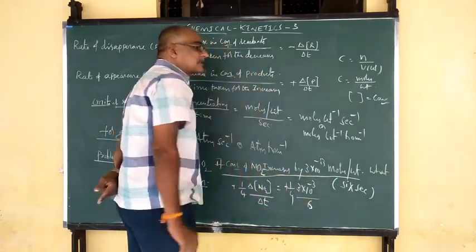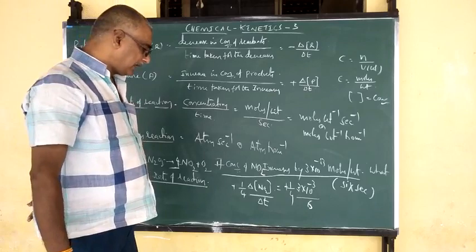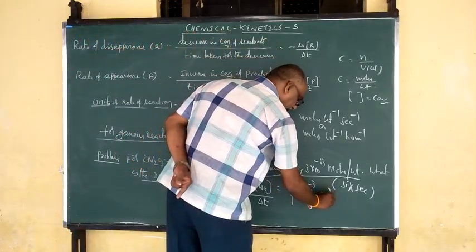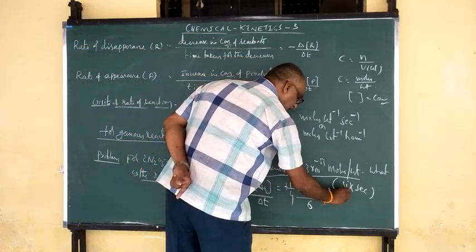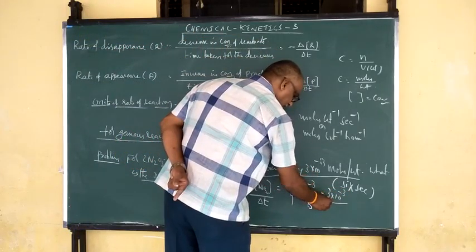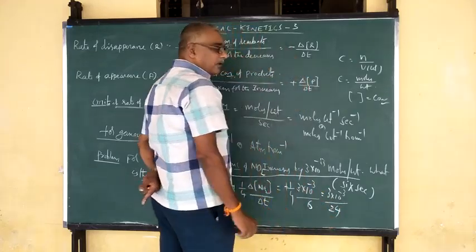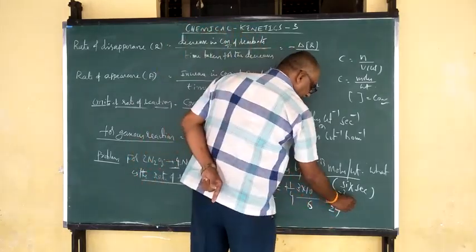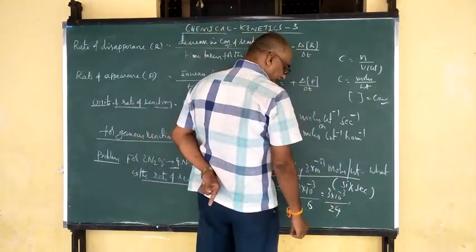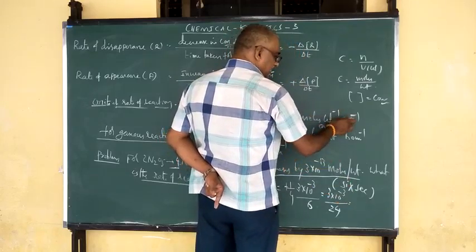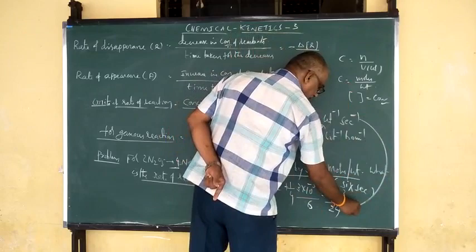Therefore I am writing 6 seconds. Okay? Now 3 into 10 power minus 3 divided by 24. What are the units of this one? Again moles per liter per second.